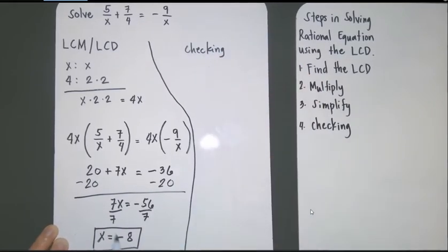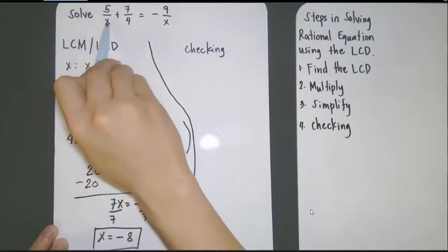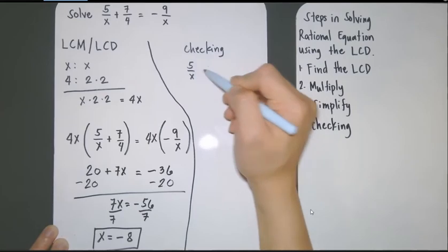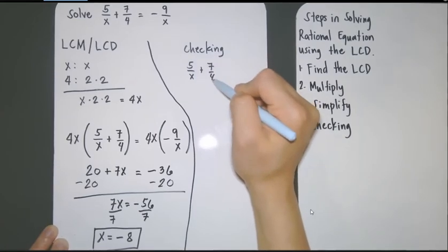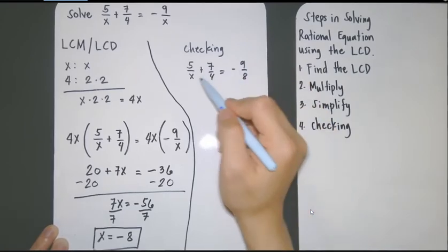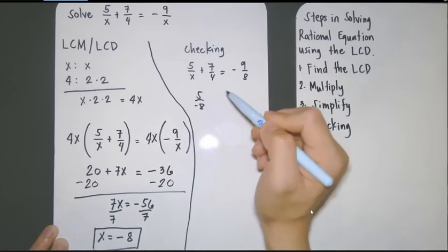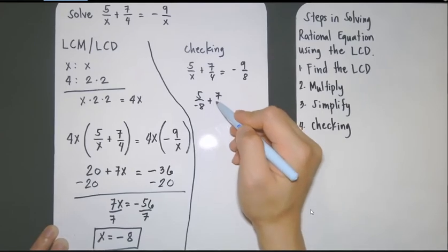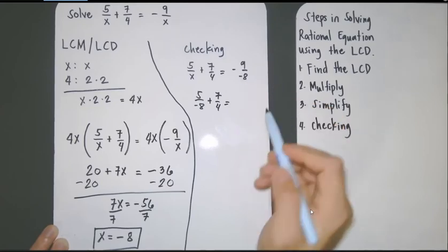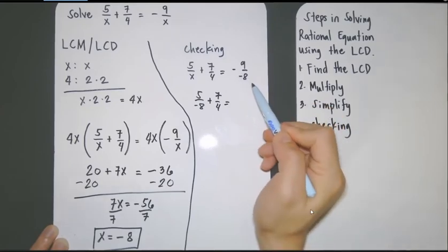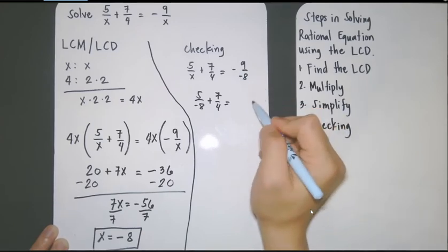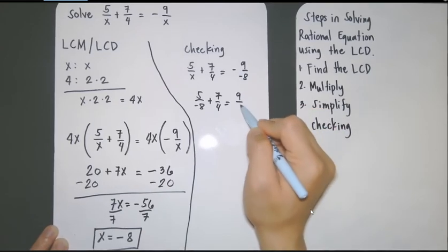When you do the checking, remember you just need to plug in your value of x in your equation. So we have 5 over x plus 7 over 4 is equal to -9 over x, with x equal to -8. So 5 over -8 plus 7 over 4 is equal to negative over negative, so it will be positive 9 over 8.